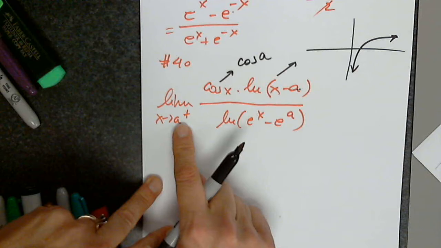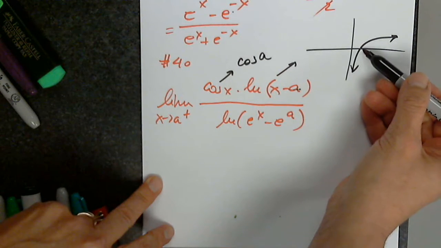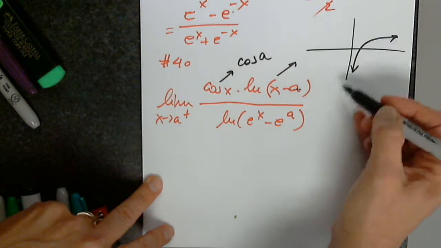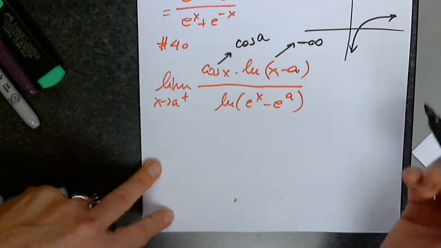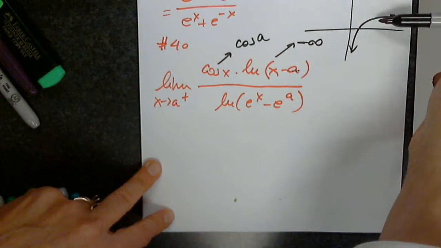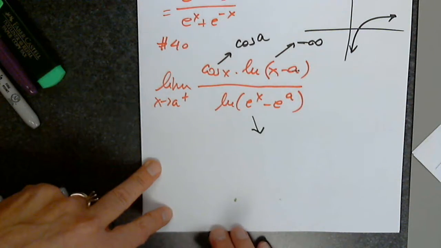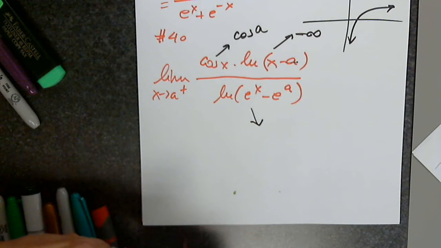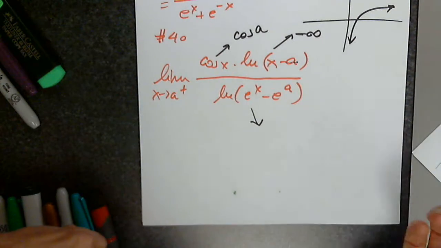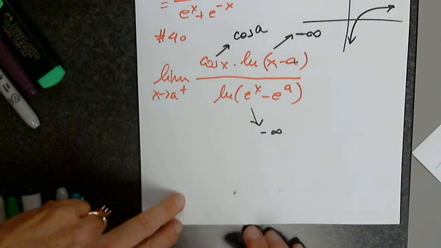As x approaches 0 from the right-hand side, the function approaches negative infinity. As x approaches a from the right, x minus a approaches 0. What happens here? It's e to the a minus e to the a, which is 0. It's the same concept. It approaches negative infinity.